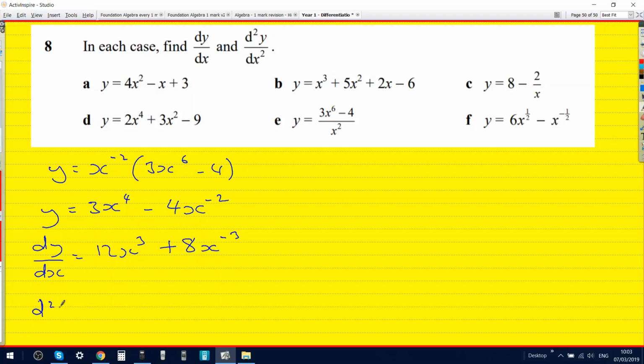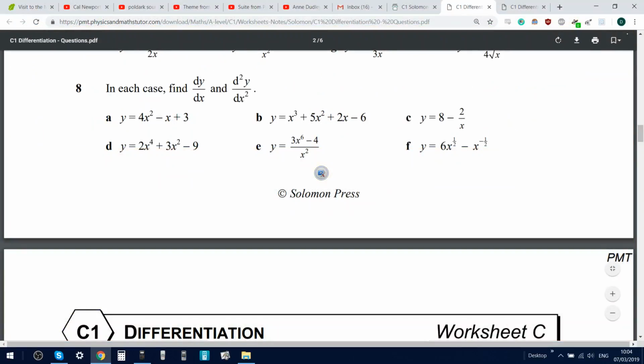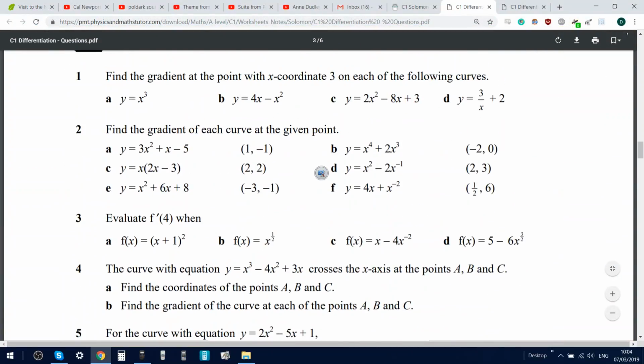And then differentiate again to get 36x squared minus, sorry, minus 24x to the minus 4. That's it. Any questions there? No, that seemed alright. Yep. And so that was that type.